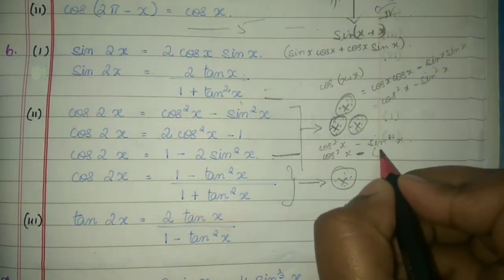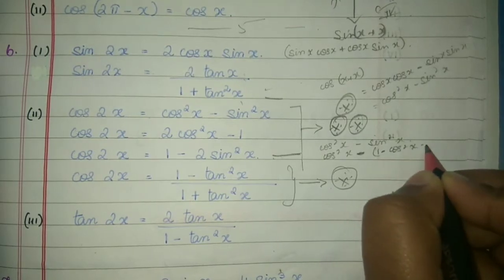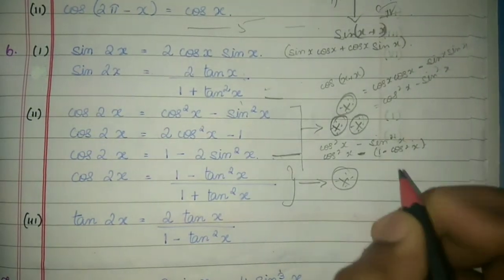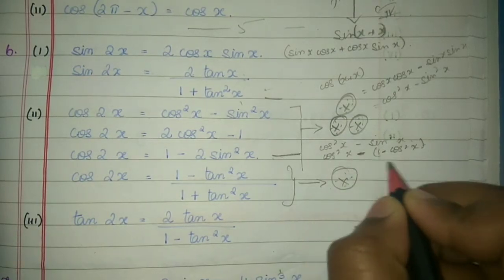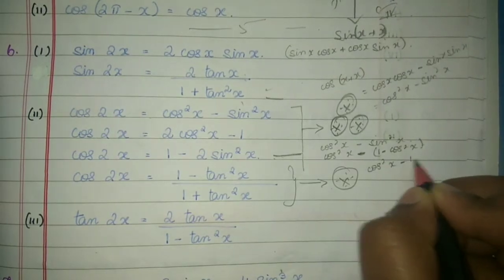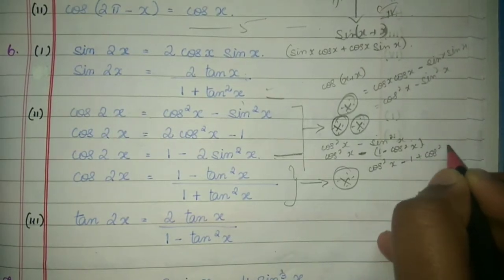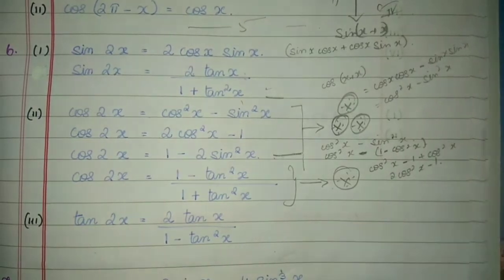So using that I will write 1 minus cos square x is equal to sin square x. Therefore I will write it as cos square x minus 1 plus cos square x. So it is 2 cos square x minus 1.